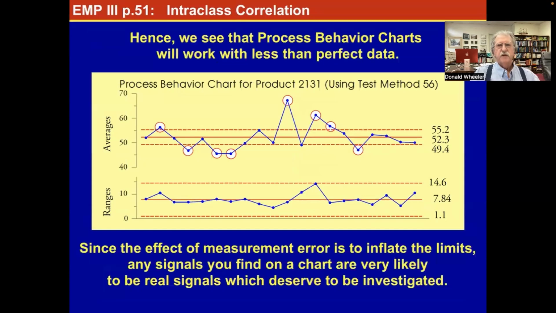So we see that process behavior charts can work with less than perfect data. The effect of measurement error is to inflate the limits. This means that any signals you find on a chart are very likely to be real signals which deserve to be investigated.